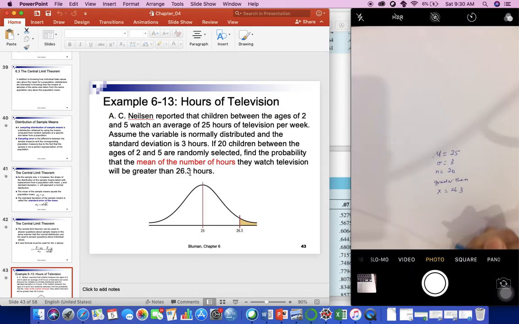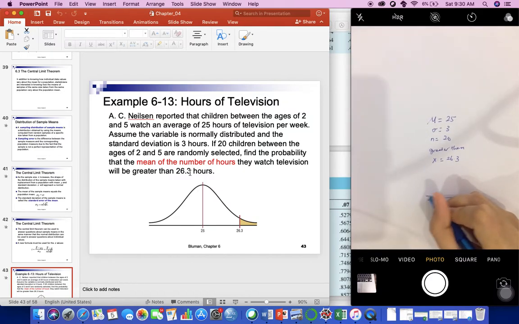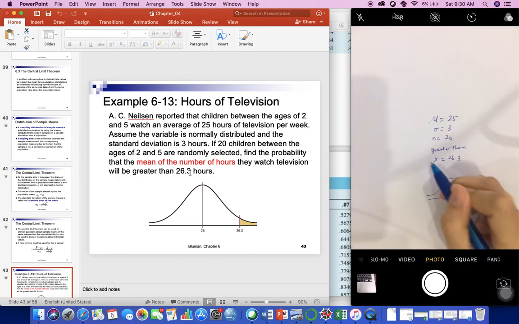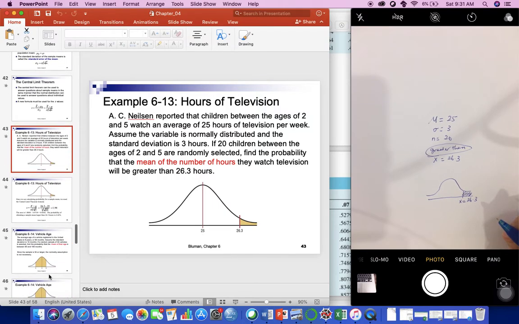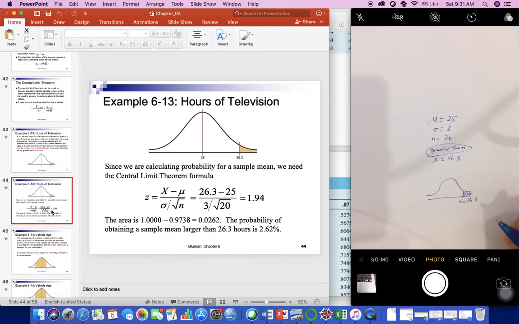First, try to draw this normal distribution. They say greater than, so the area greater than is to the right of 26.3. Then calculate the probability for a sample mean.